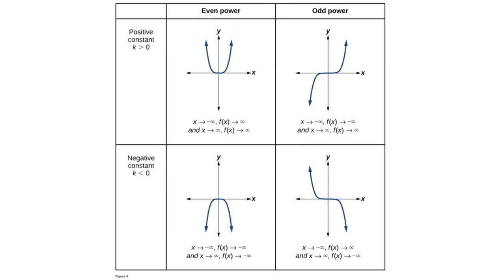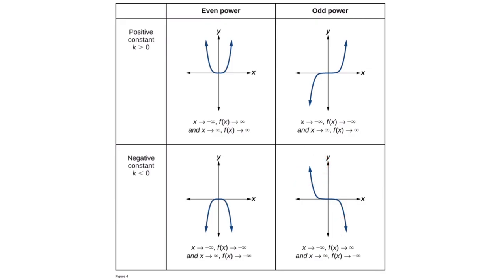Okay? And then for an odd power or an odd degree polynomial, if even means exact same, then odd might mean what? The opposite, right? So again, the right-hand side comes from our leading coefficient. If it's an odd degree polynomial, the other side is going to do the opposite. If we're going down to the right and it's odd, then the other side is going to do the opposite.